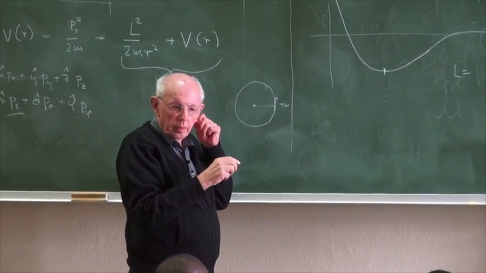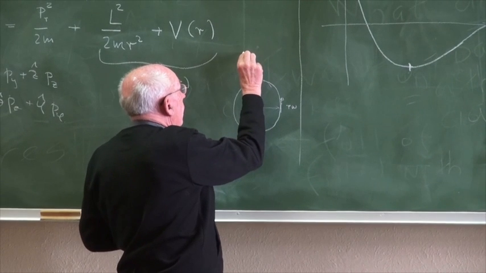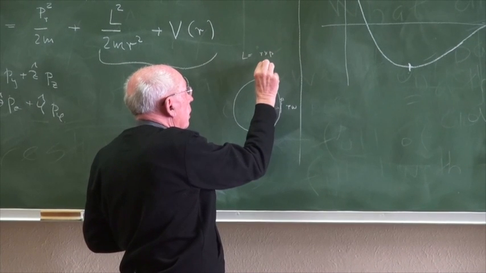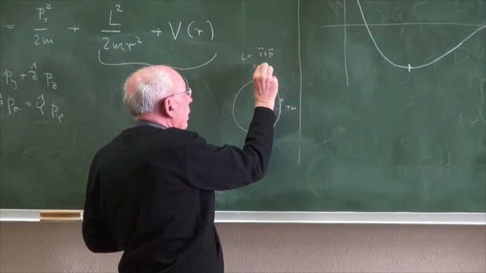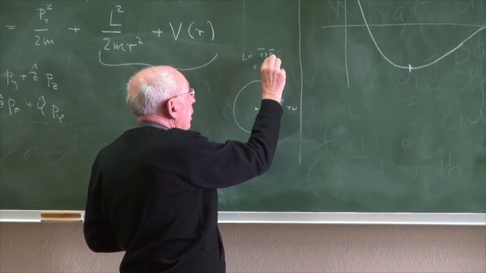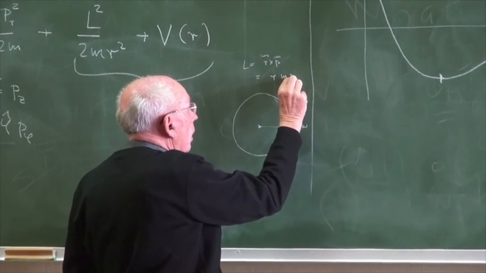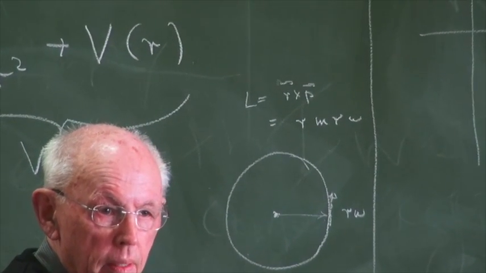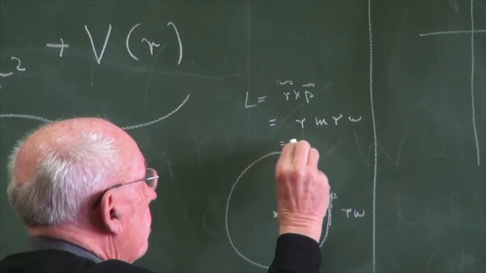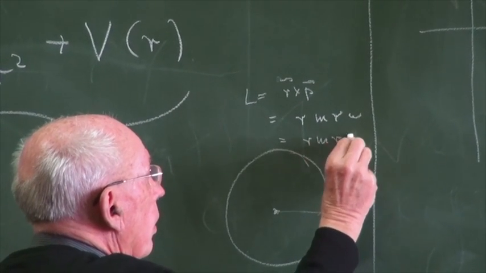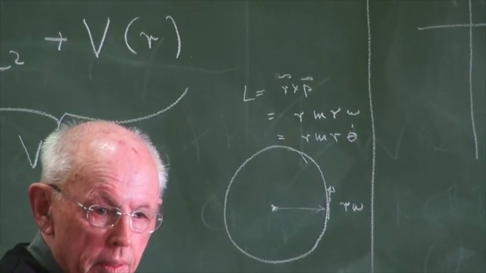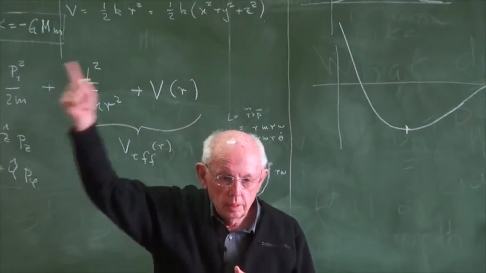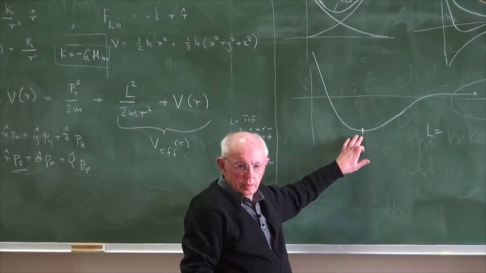And now I look at the angular momentum. Angular momentum is equal to r cross p, and so this is another r, and p is m r omega, or m r theta dot. This is the circular movement which is taken. So this is that situation.